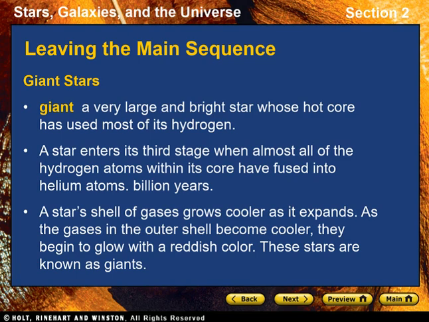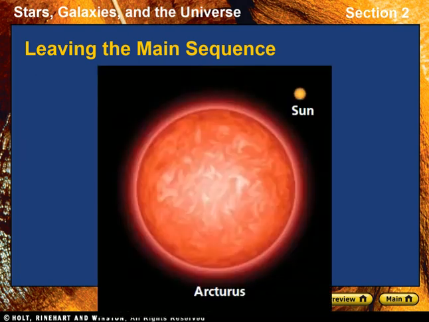Giant stars. A star's shell of gases grows cooler as it expands. As the gases in the outer shell become cooler, they begin to glow a reddish color. These large red stars are known as giants. Because of their large surface areas, giant stars are bright.